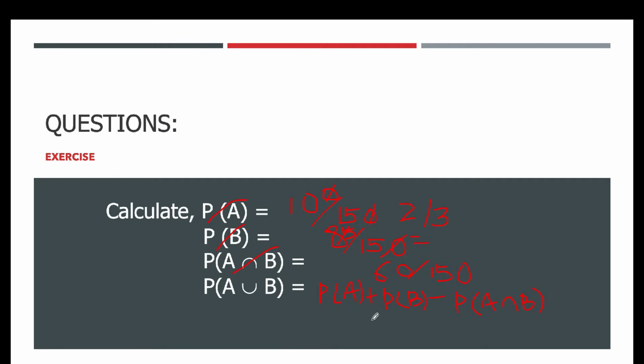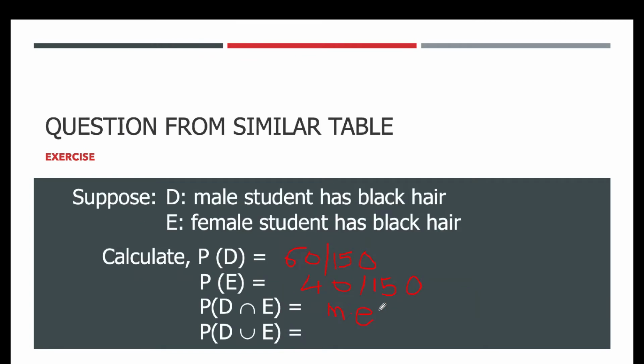You have to add up all the values here. Since this is mutually exclusive, this value should be 0. So you add up all the values here: 60 plus 40, 100 per 150.